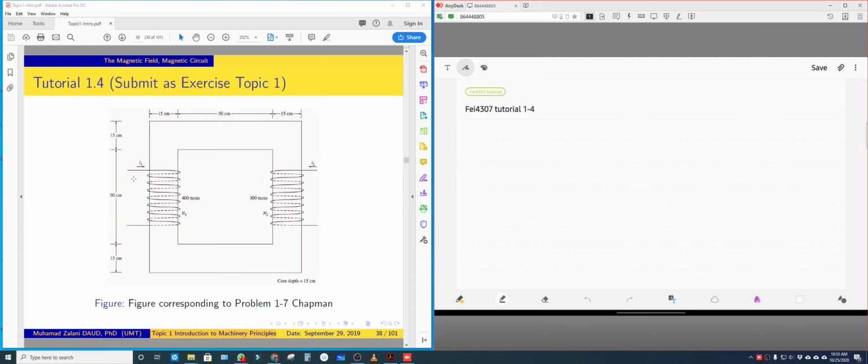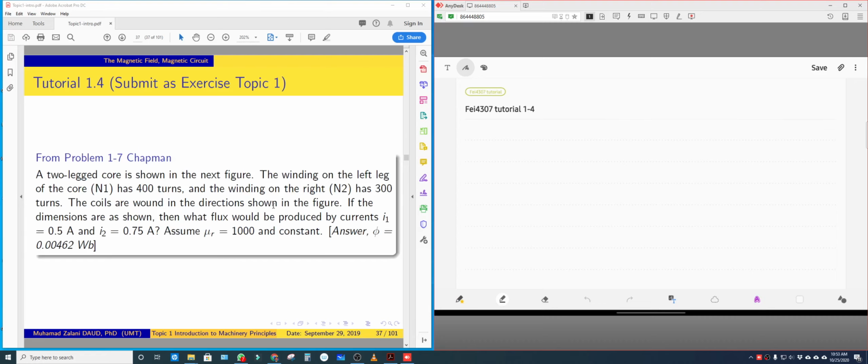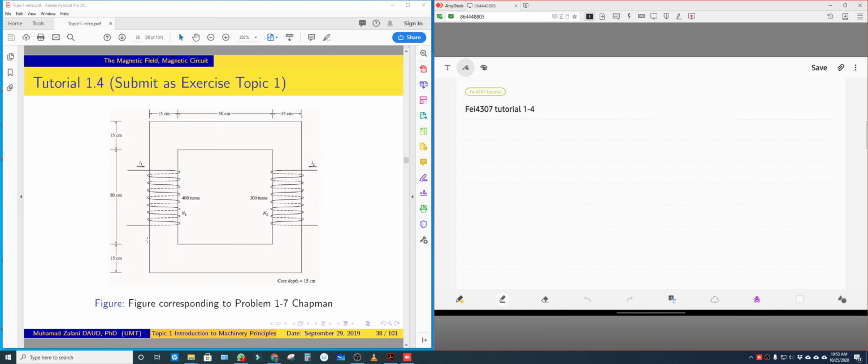The coils are wound in the direction shown in the figure, in such a way that the flux moves to the top, then from the left side of the core to the right side, and then goes to the bottom, right?